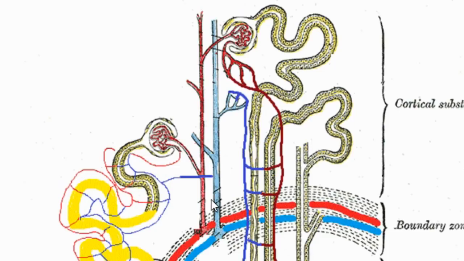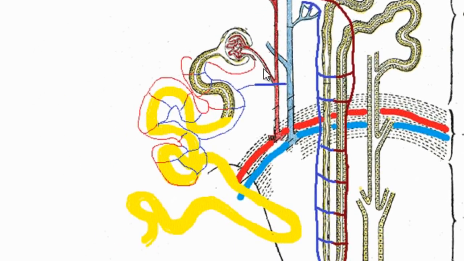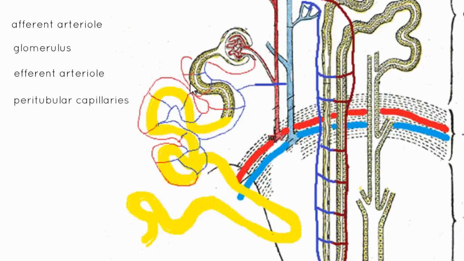So what happens with the cortical nephron? Well, we've got the afferent arteriole coming off the interlobular artery. It goes into the glomerulus within the Bowman's capsule, and then out comes the efferent arteriole. And then the efferent arteriole forms these peritubular capillaries.